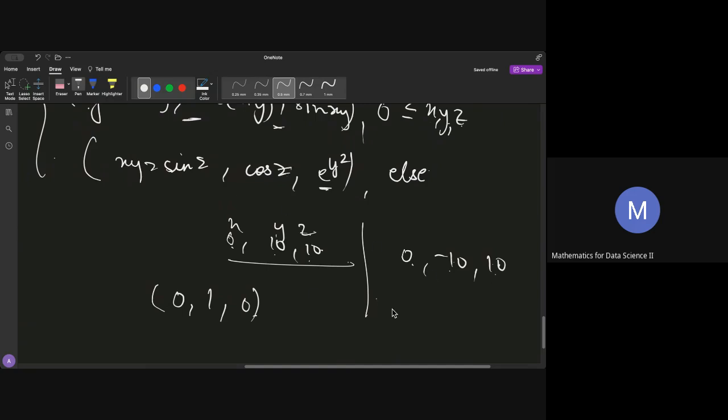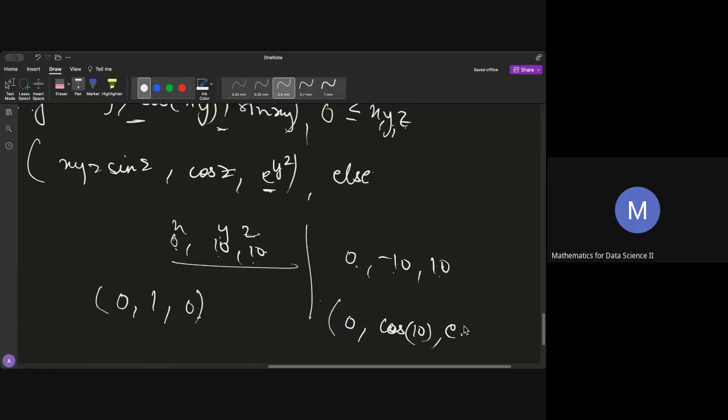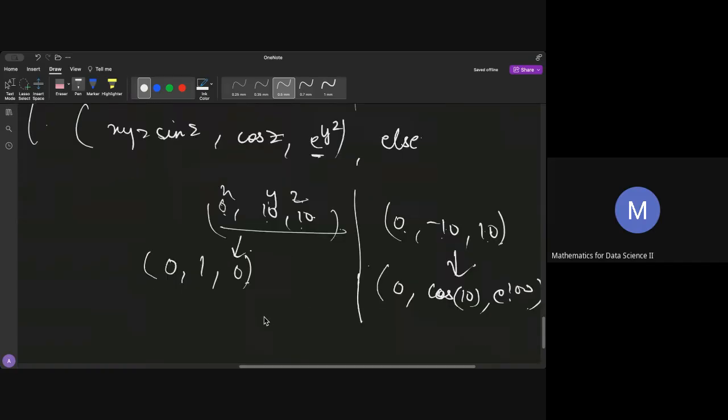This gives me 0 here, then cos 10, and here we have e to the power y square, so that means e to the power 100. So this will be my function's value at this point. If this is the point, then the value is this. I can just write f here: f of this is equal to this, and f of this point is equal to this.